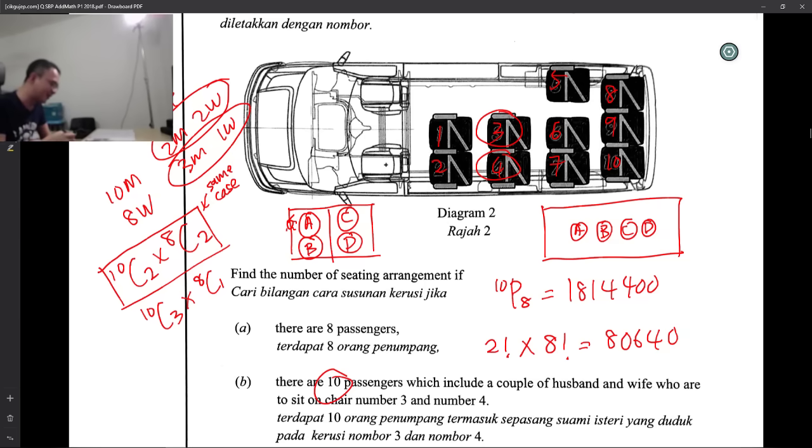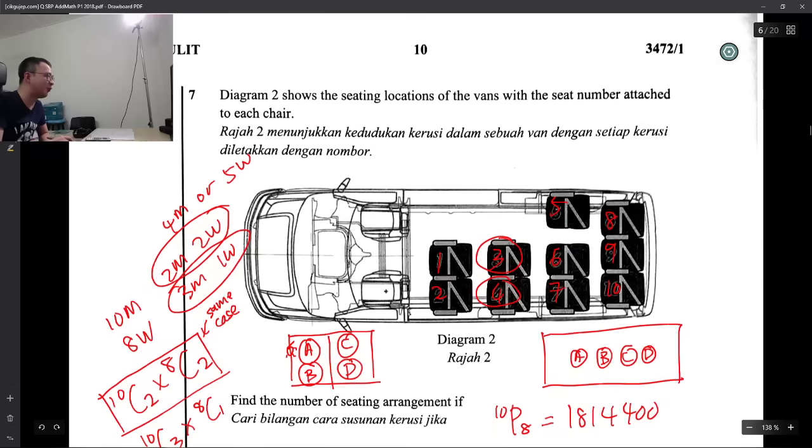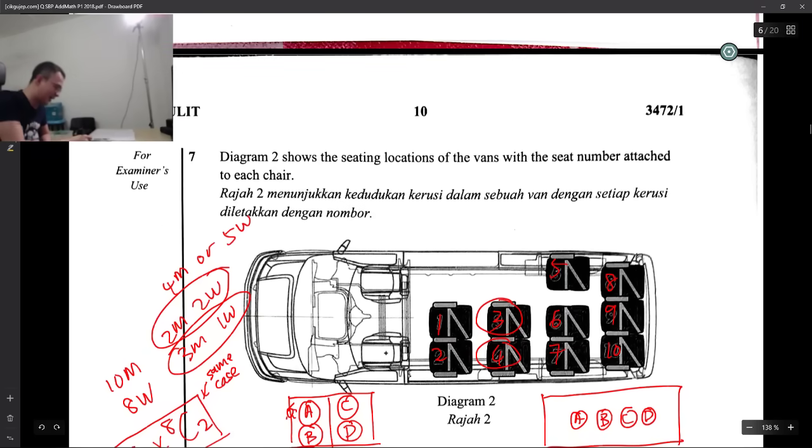Okay, when to use plus? Maybe they say they want to select 4 people or 5 people to join the competition. Yeah, you see, or 5 people. So then I will use plus. So maybe they say they want to select 4 men or 5 women. So I will do something like 10C4 plus 8C5.